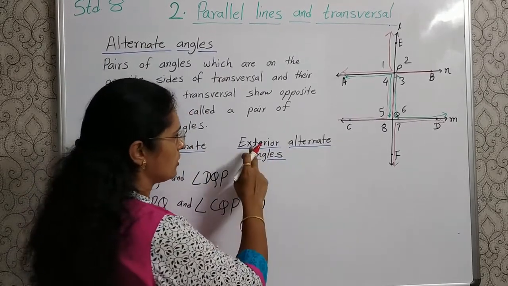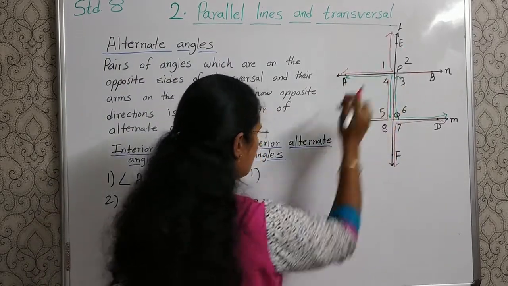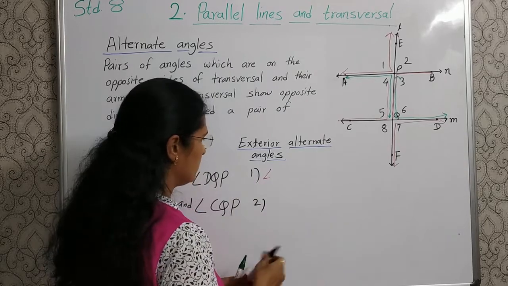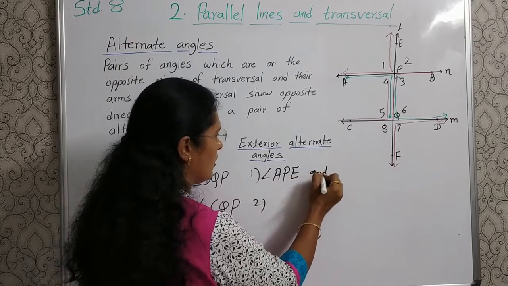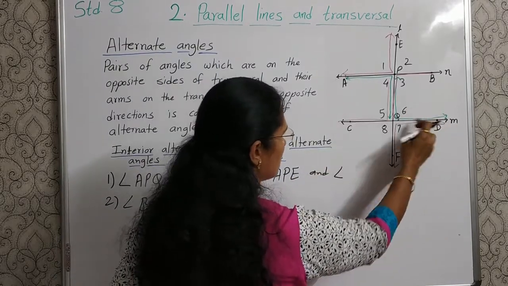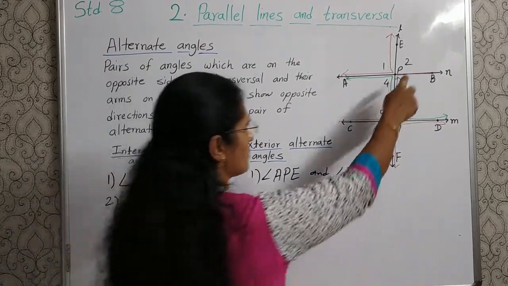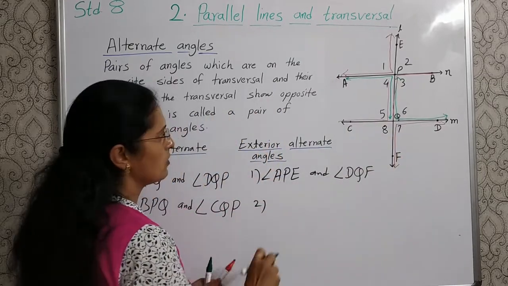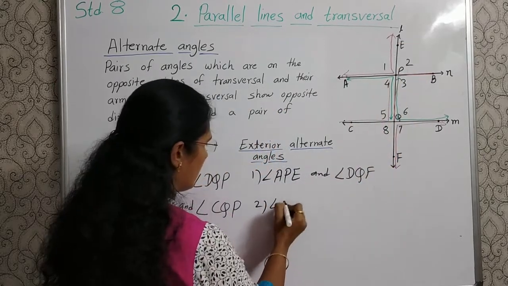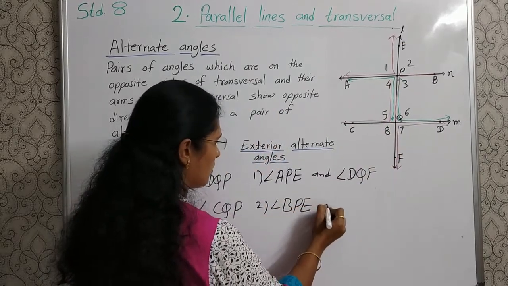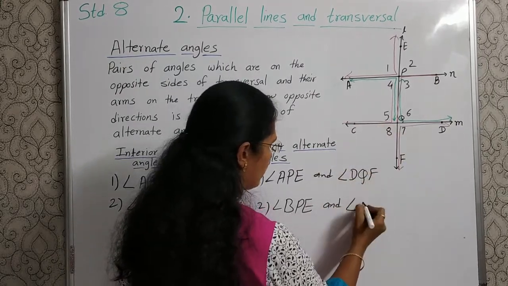Therefore they are exterior alternate angles. So this angle, angle APE, and angle DQF. And another pair is angle 2 and angle 8. We'll write their names: angle BPE and angle CQF.